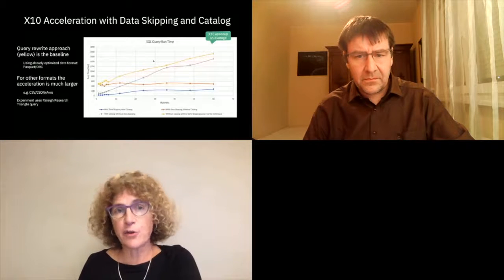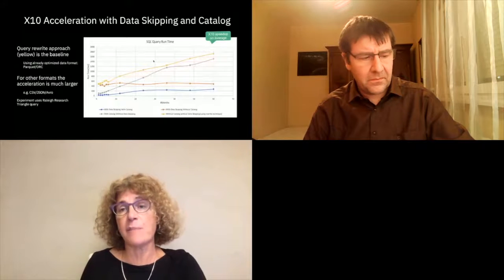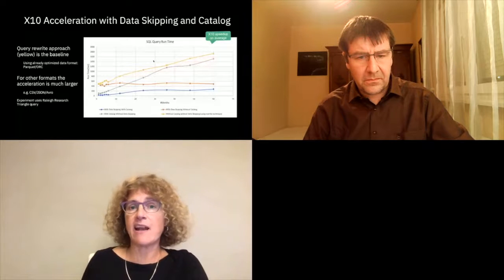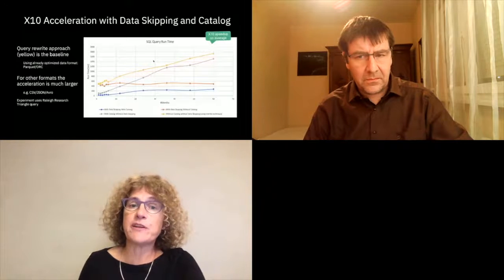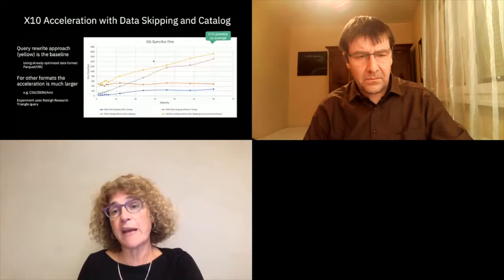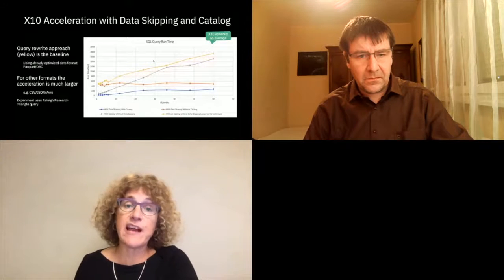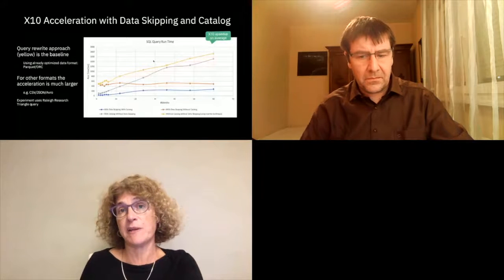This is the yellow curve you see here. So the yellow curve is already significantly optimized compared to the true baseline. Then we added data skipping and Hive Metastore support. This results in the blue curve. Averaging over all data points shown here, we get an order of magnitude speed up compared to the yellow curve, which, as I pointed out, was already optimized using Parquet's data skipping support.